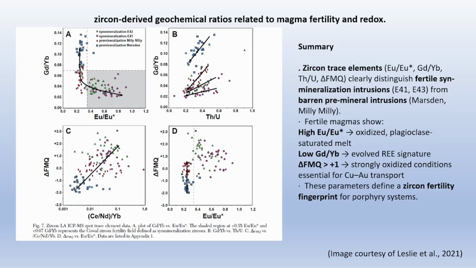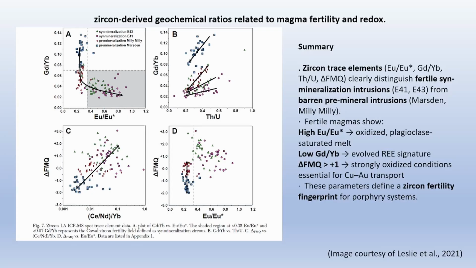The key insights here are that zircons from fertile intrusions, again E43 and E41, cluster at high europium and high FMQ values, which are ideal for copper-gold porphyry formation. And for Marsden zircons, we have lower oxidation and lower europium ratios, which is a textbook example of a non-fertile intrusive unit.